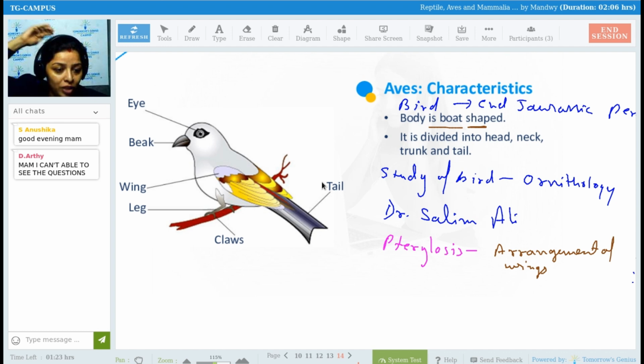We cannot move our face directly backward, but they can. Because of this flexibility they can rotate their neck or head.